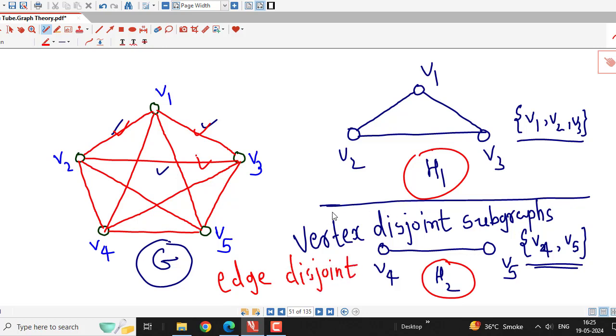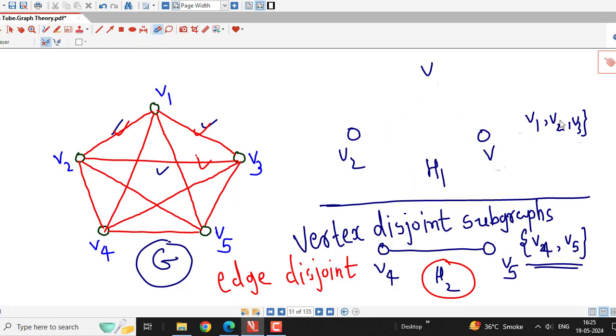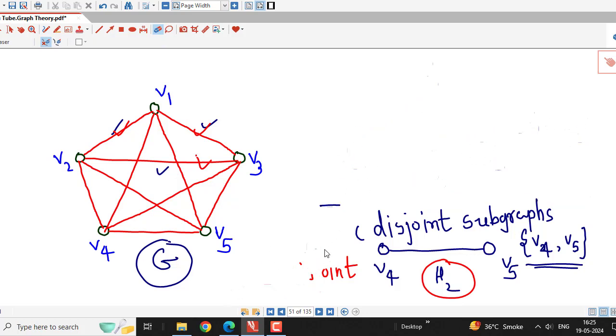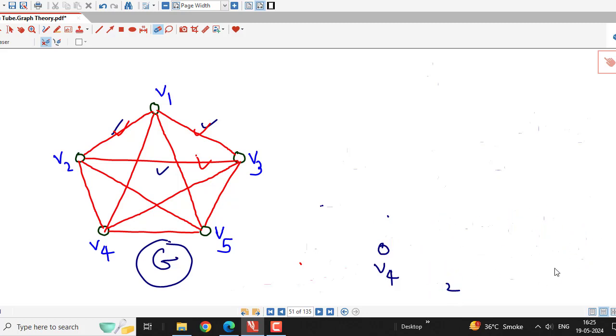So depending upon vertices and edges, we have 2 types of subgraphs: vertex disjoint subgraphs and edge disjoint subgraphs. We can construct 2 other edge disjoint subgraphs also for the same graph G.